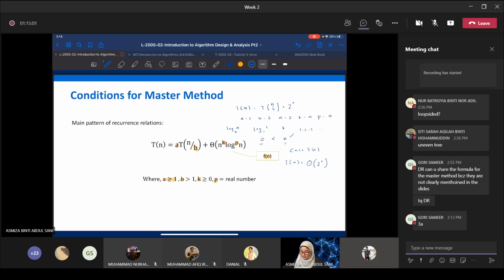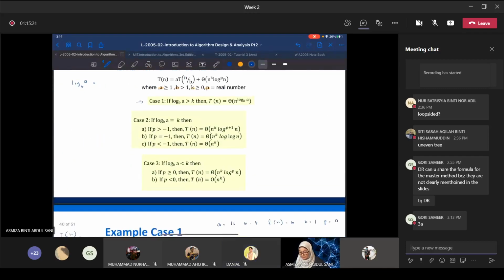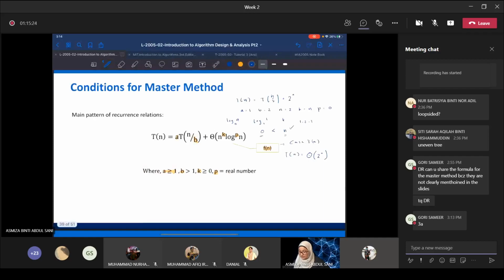And we know for n, the value would be 1, 2, 3, 4, and so on and so forth, because it's an exponential function. So we know that n would be bigger than 0. Definitely it will be bigger than 0. So we can say that this is case number 3. And since p is 0, we apply case 3a, and therefore we get the answer theta of 2 to the power of n.